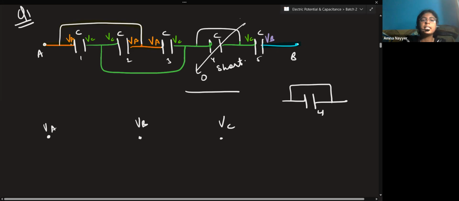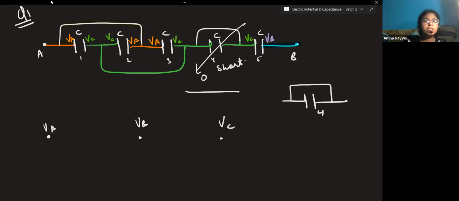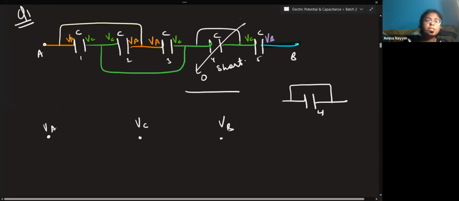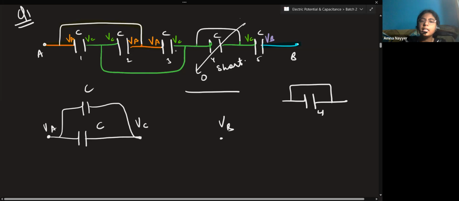The first capacitor is coming between A and C. Let me exchange it. This is C, this is B. So this is coming between A and C. I have drawn it. Then this is also coming between A and C. This is also coming between A and C. This is also coming between A and C. In this manner.